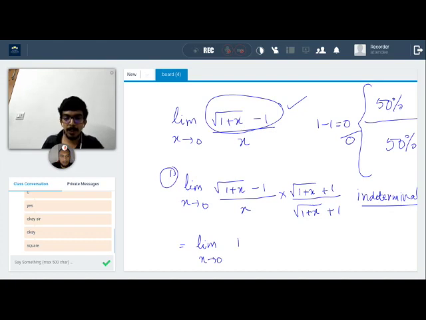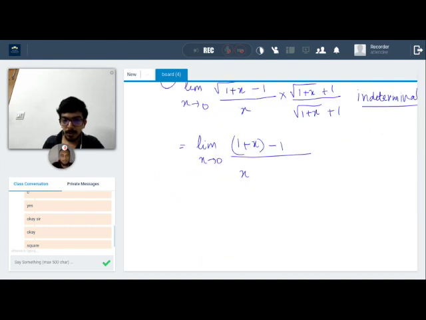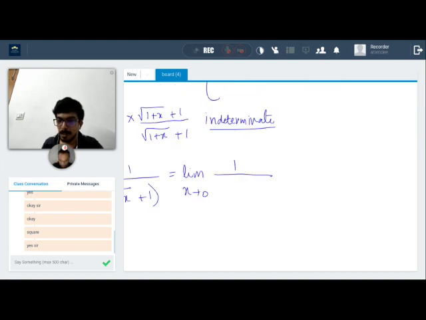So it is going to be 1 plus x minus 1 whole divided by x into root over 1 plus x plus 1. So 1 gets cancelled and x gets cancelled. Finally, limit x tends to 0 of 1 by root over 1 plus x plus 1.